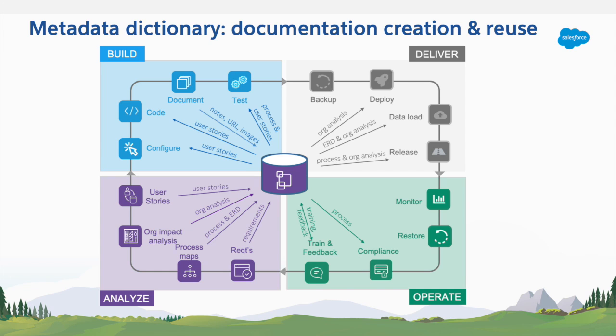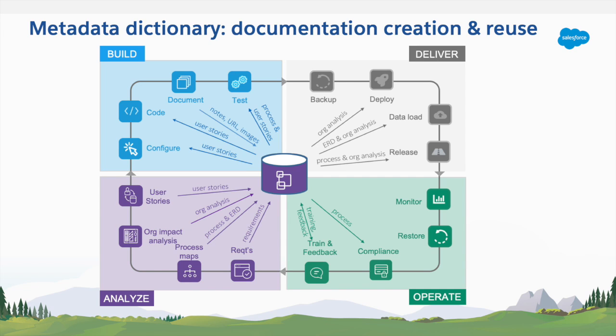Then in the purple phases, we're capturing requirements, so we're taking that feedback, turning it into requirements, we're then having to validate the requirements. So in the process mapping phase, we are mapping processes, creating ERDs, entity relationship diagrams or data models. In the impact analysis, we're obviously trying to understand what changes will have an impact on our implementation, on our org, and we're then writing user stories.